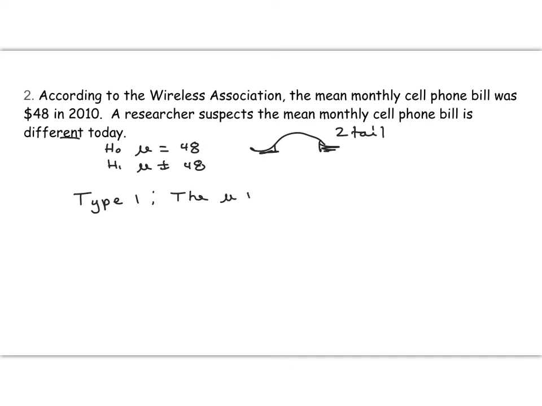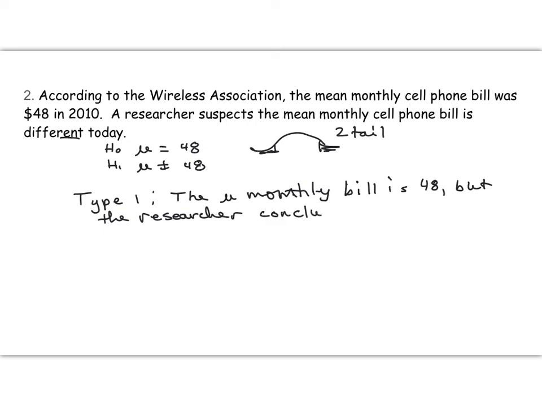The mean monthly bill is $48, but the researcher concludes that it isn't. And a type 2 error would be that the mean monthly phone bill is not $48, but the researcher concludes that it is.